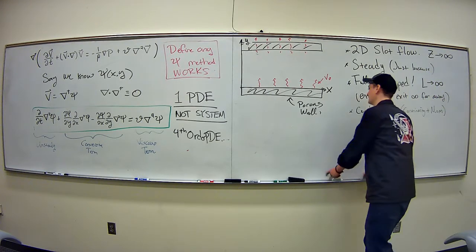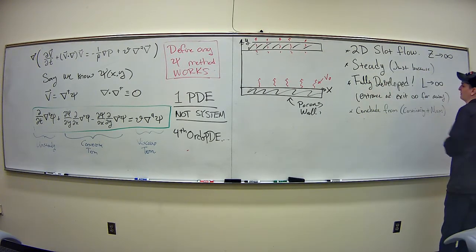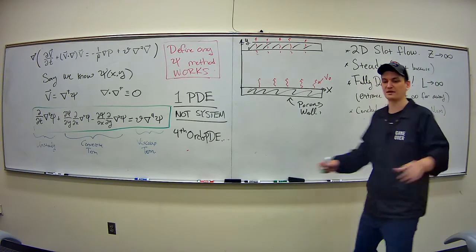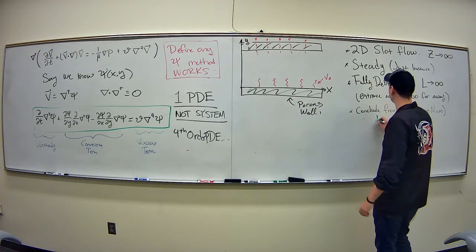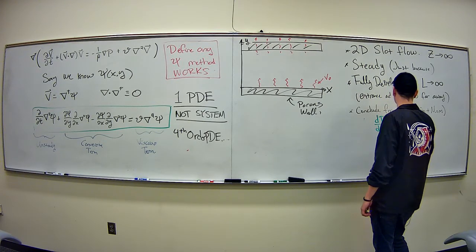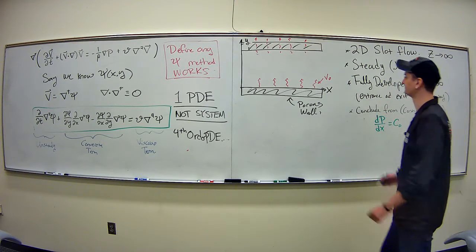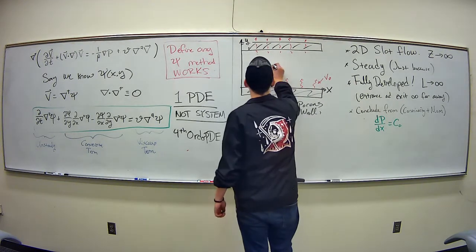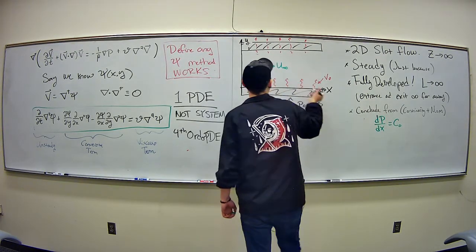Importantly, this analysis does say that if you conclude from the continuity and momentum, where you have all functions of x on one side and all functions of y on the other, that this axial pressure gradient has to be equal to some sort of constant.